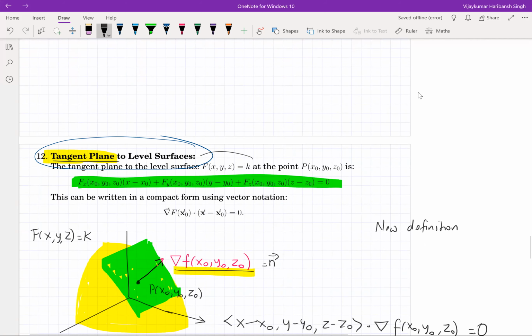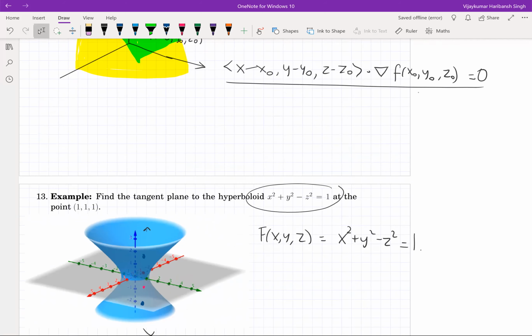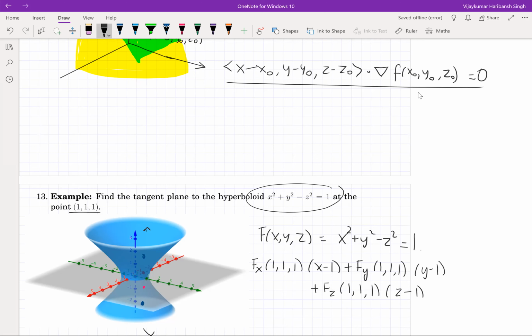So then what does it tell me? The equation of tangent plane at this point is going to be fx at 1, 1, 1 times x minus 1, plus fy at 1, 1, 1 times y minus 1, plus fz at 1, 1, 1 times z minus 1 equals to 0.